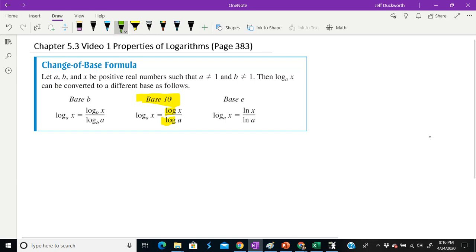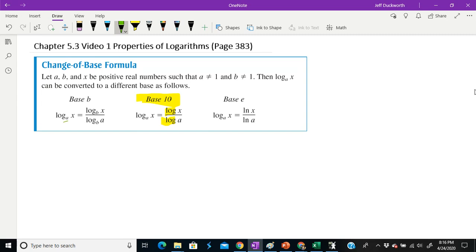So this is how you change the base. If you have the log of a base of something and then of your actual value, you take the log of whatever base you want of the actual value, which goes in the numerator, and the log of the same base that you've chosen, and the previous base would go in the denominator. So if you can see here, we've got log a.